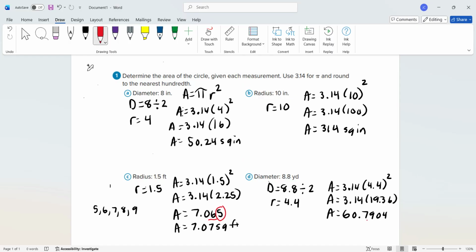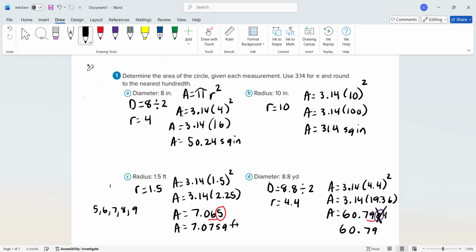So I underline the 9 because that's in the hundredths place, and then I circle the number behind it. And then I just ask, is the number I circle, is it 5 or more? Well, I have 0, so it's not 5 or more. So we cross out the number we circled, and I just leave everything in front of it.